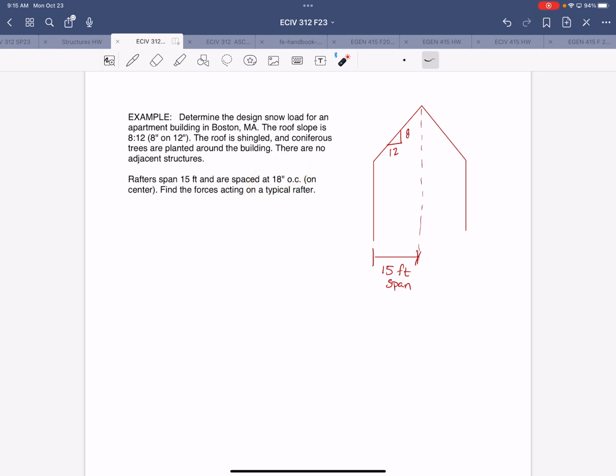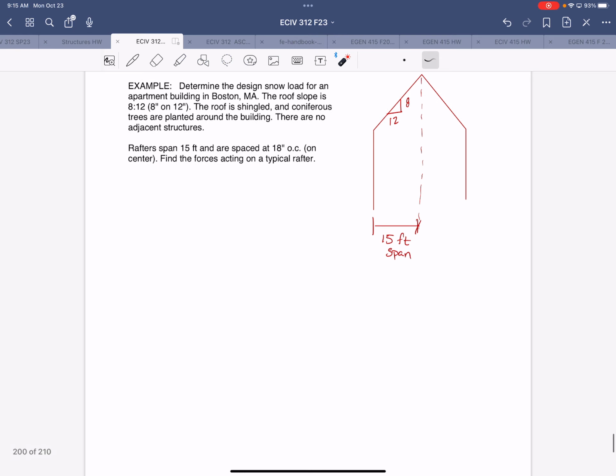We're also given some more information about the roof material and the surroundings of the building. So we say the roof is shingled, and we have coniferous trees that are planted around the building. There are no adjacent structures, though. All right, so we want to find the force acting on a typical rafter based on all that information.